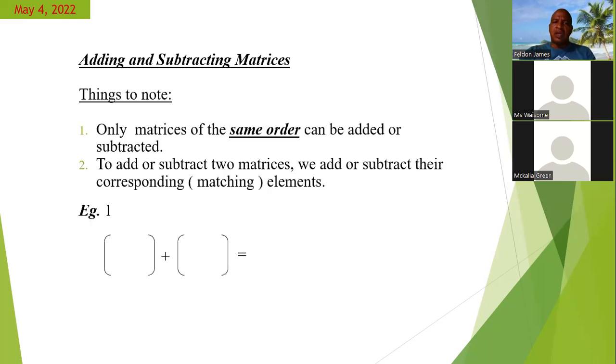Now, here we have the same general operations that we carry out on numbers. We carry out these operations on matrices. All right, so just as we are adding numbers, we should be able to add matrices. And we also should be able to subtract matrices.